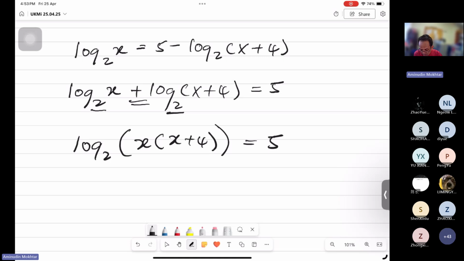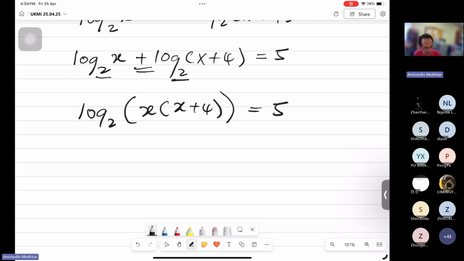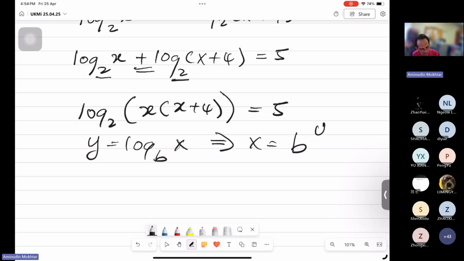Okay, we have this form now: log base 2 of x times x plus 4 equal to 5. Please remember that when y equal to log base b of x, we can convert this into exponential: x equal to b to the power of y.